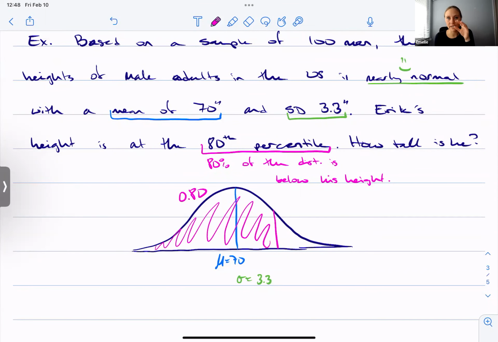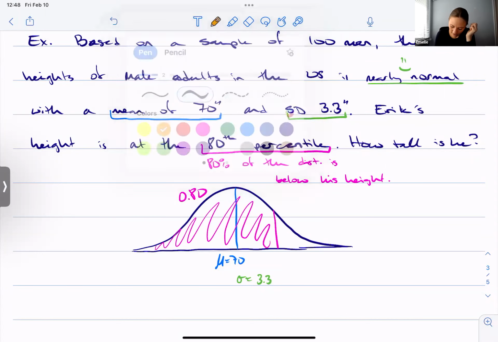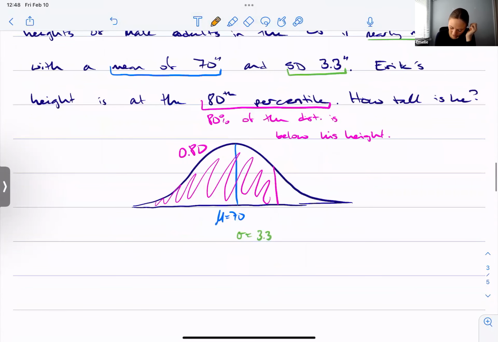That's what you're forcing. Now, what we want to find is, what value of x makes that happen?